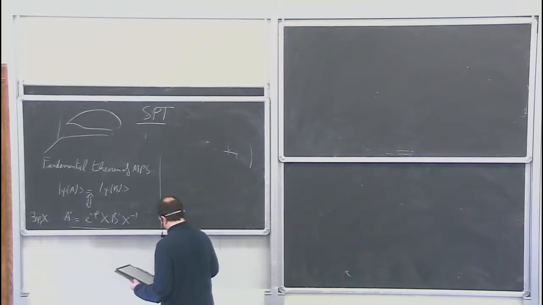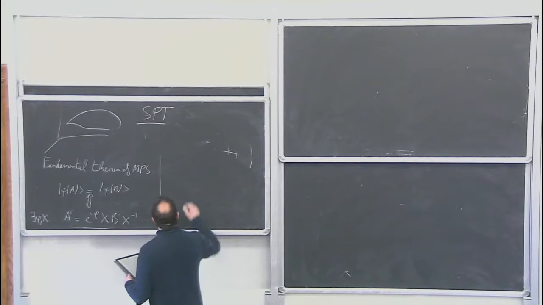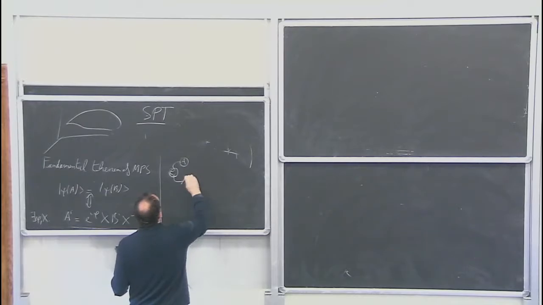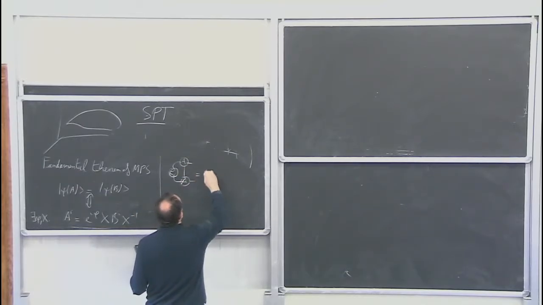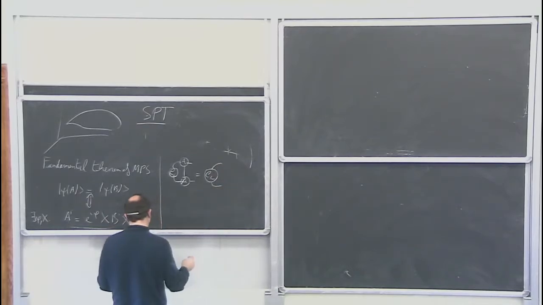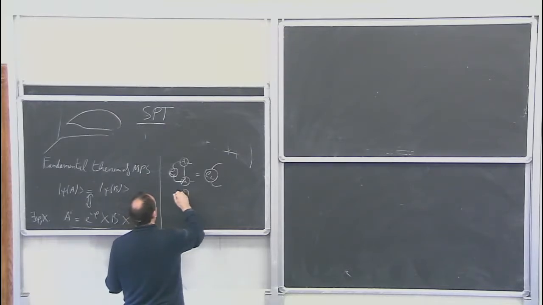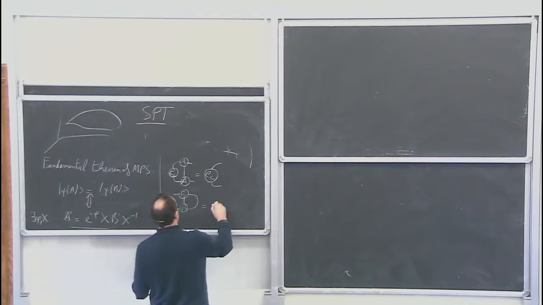So let's assume that I have this A, and that the fixed point of A with A bar is equal to rho left. So this is basically the left reduced density matrix. Let's also assume that B with B bar is equal to the identity.